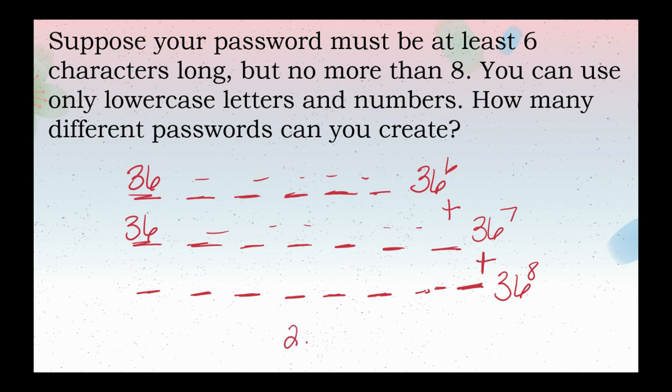And you get 2.9016 times 10 to the 12th. Okay? So you still have a lot of different combinations depending on whether you go with that 6, 7, or 8 character password. Not quite as many as the last one, but pretty close, okay?